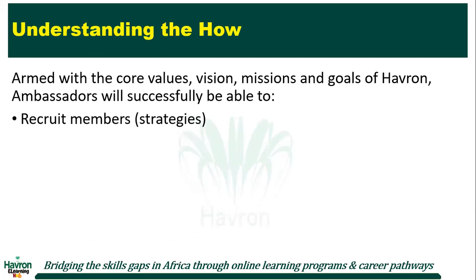Number one, you can recruit your members using our strategies. You know, when you speak with one person, it's different from when you speak with a group of persons. Okay, so we need to understand how to recruit members, and we have started helping out. How we started out was just word of mouth. It's a network.